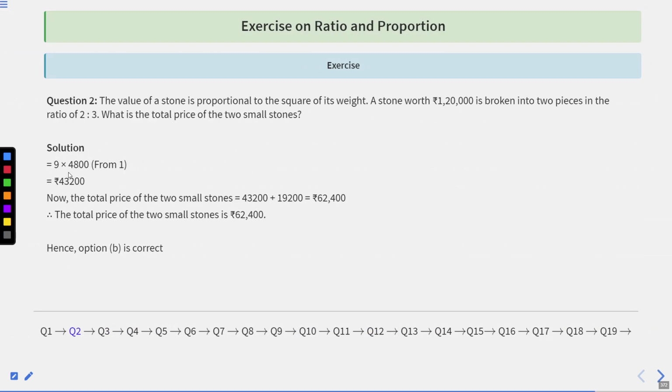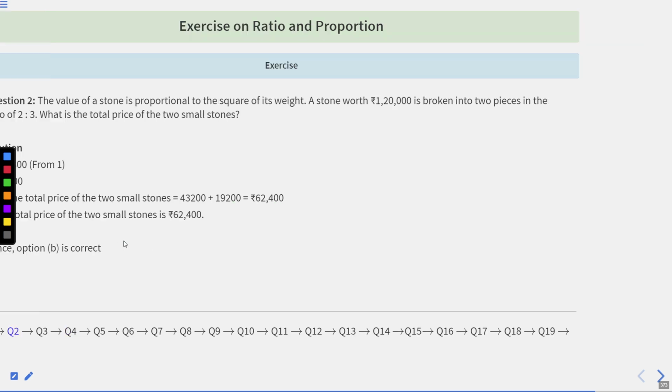From equation 1, it will be 9 times 4,800, that is 43,200. So the total price of the two small stones will be 43,200 plus 19,200, that is 62,400 rupees. So the total price of the two small stones is 62,400, which is option B.